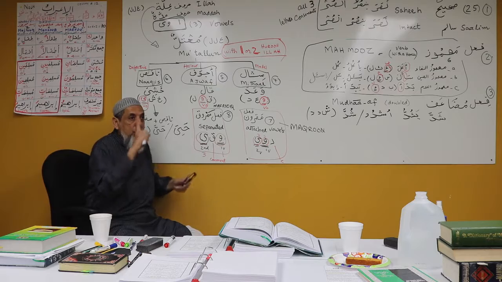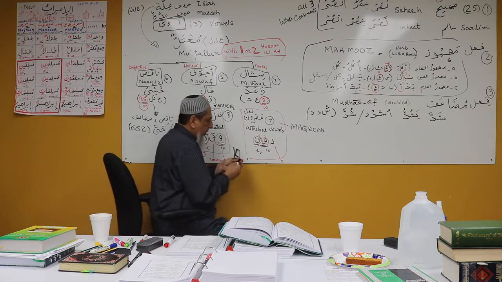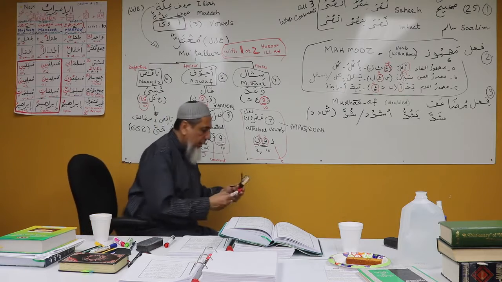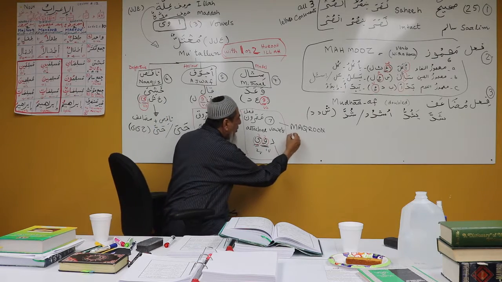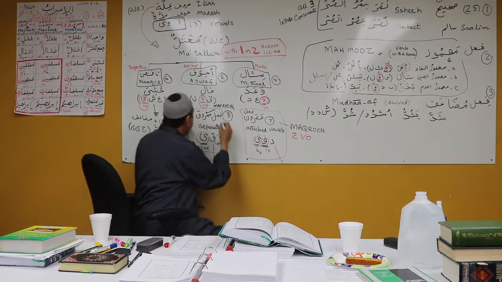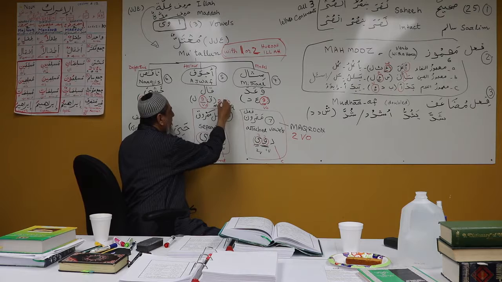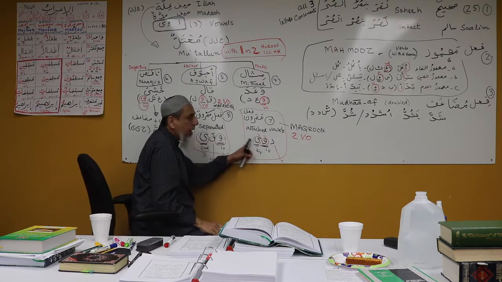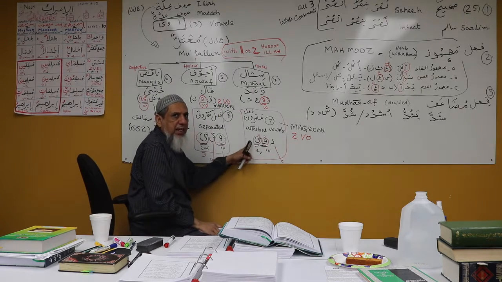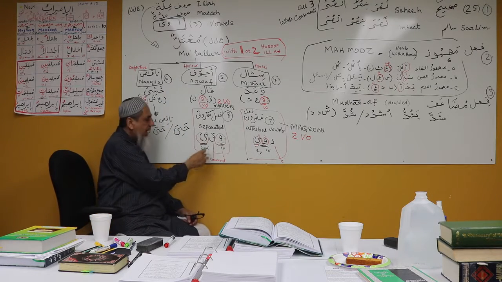Maqroon, two vowels come here. You see, two. Maqroon is with two vowels. And Mafruq is also with two vowels. But here they are together, side by side. Here they are separated and you have a consonant in between.